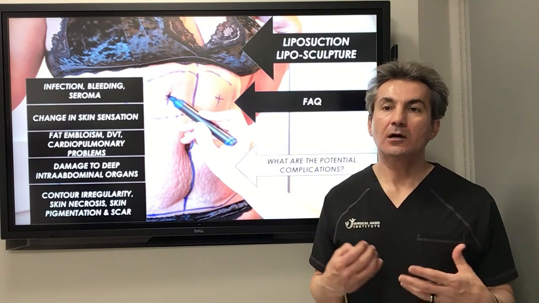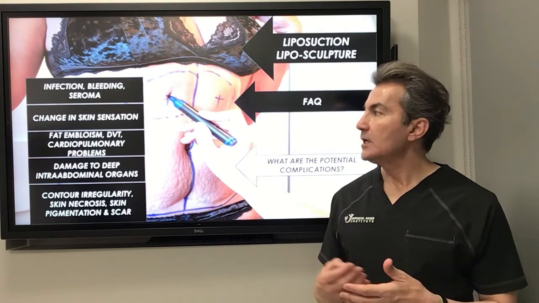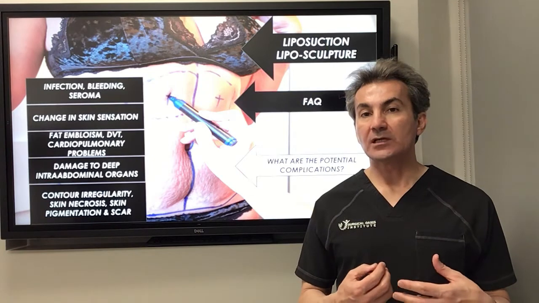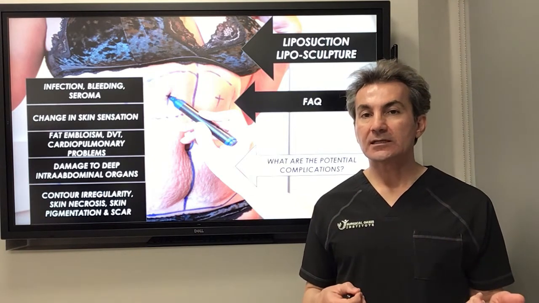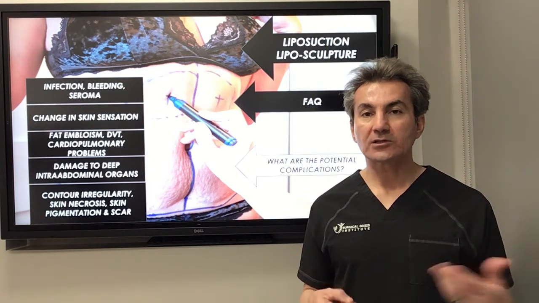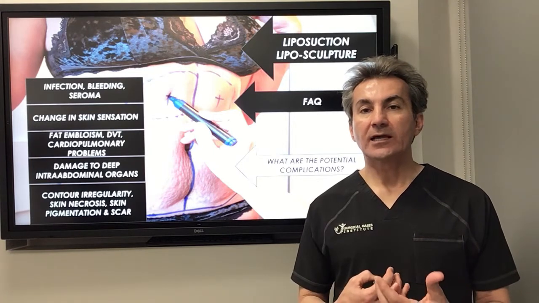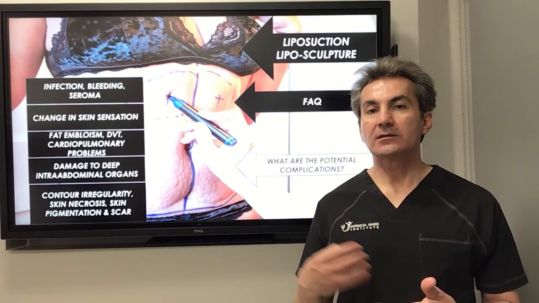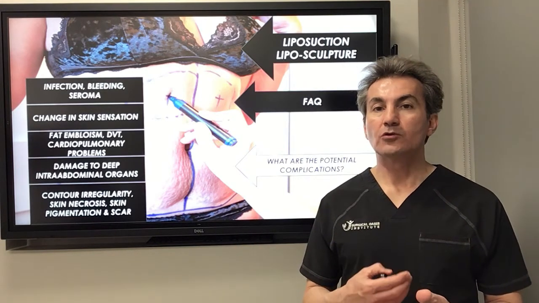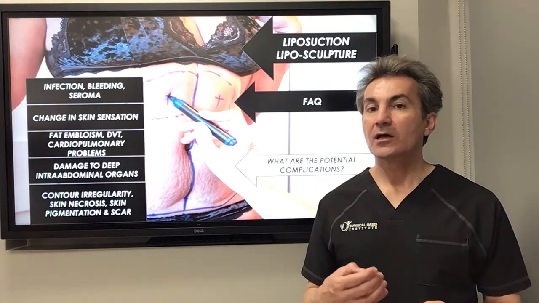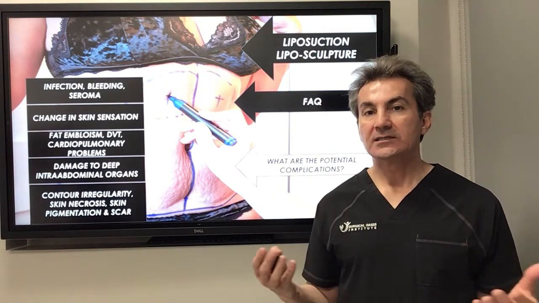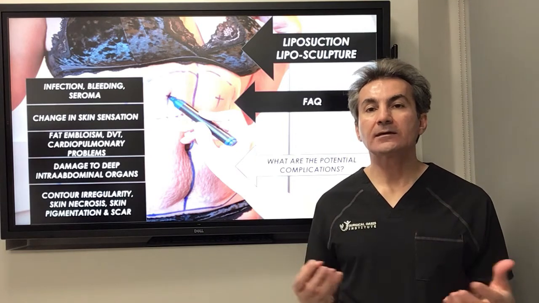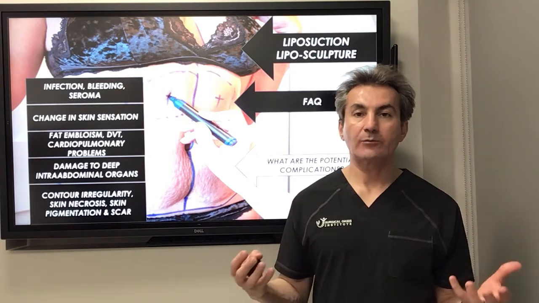Now the other potential problem is changes in skin sensation. Obviously we traumatize the skin with the liposuction device, and that creates a little swelling and numbness of the skin, but the majority of the time it's reversible and it goes back to normal. DVT or deep venous thrombosis, a blood clot in the leg, is a possibility, especially if it's a long procedure.